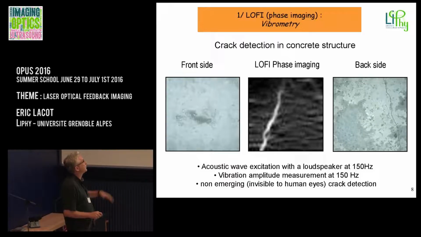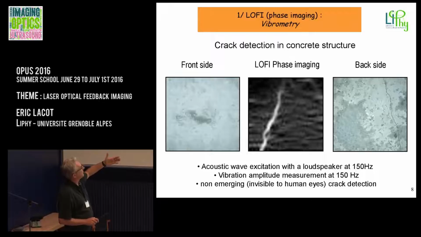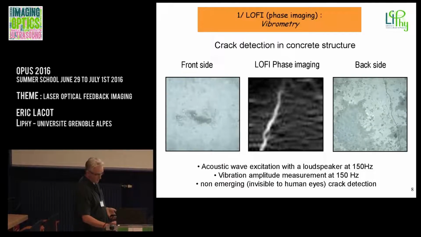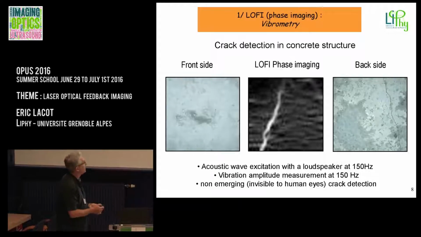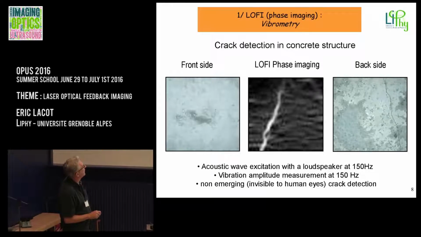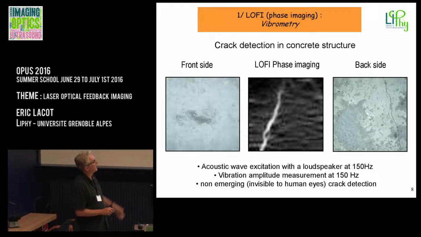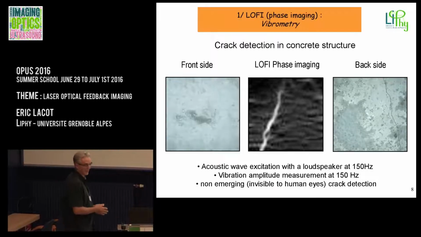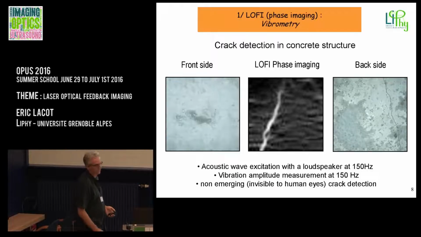With our LOFI vibrometer, we made a measurement of the amplitude of the vibration on the surface of the front side, and now you can see the result. Clearly, on the front side of the concrete structure, we are able to detect a difference in the amplitude of vibration on both sides of the crack. So with this simple interferometer, again, we are able to detect a crack in a concrete structure with a very simple experimental setup.